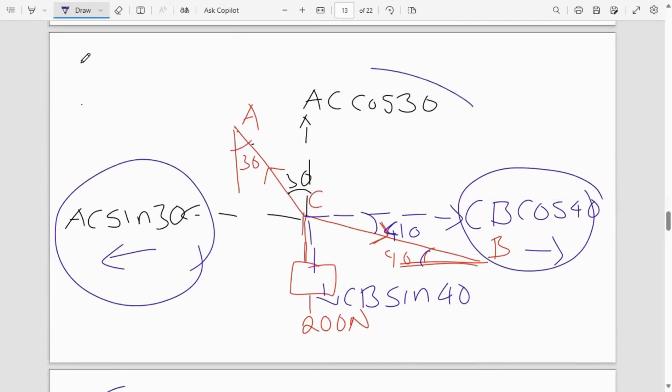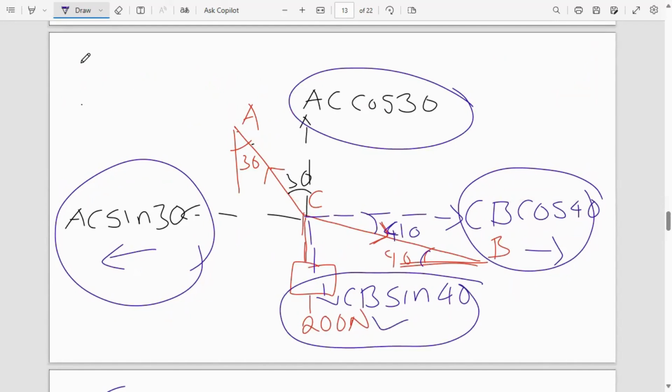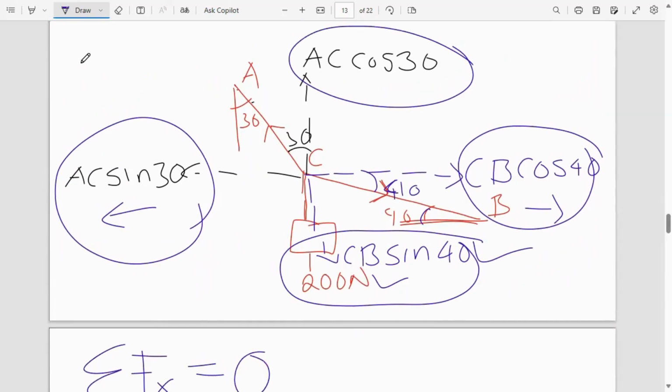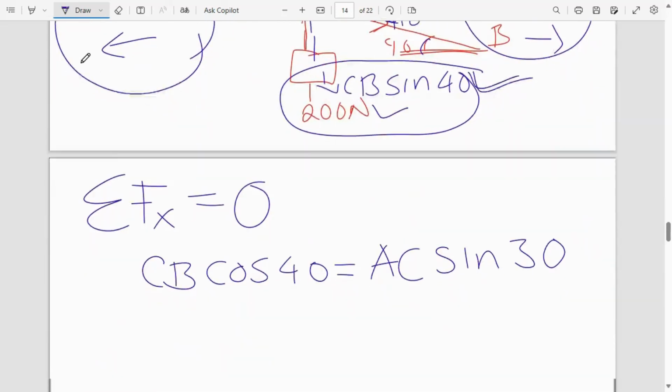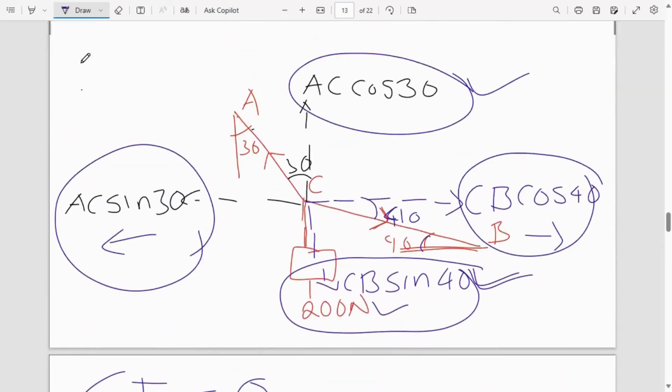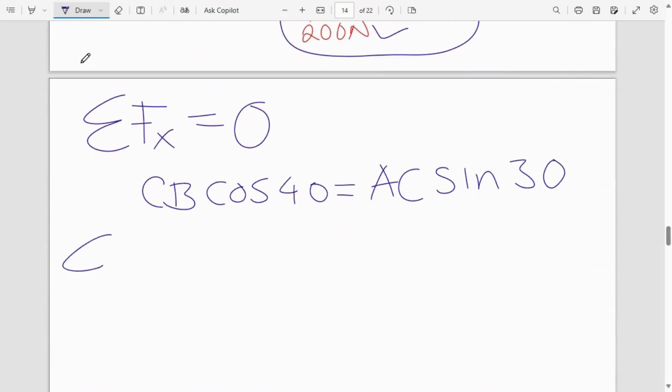Then the forces in the y, we have this one here, and these two forces here: the weight and the vertical component of tension CB. So I take AC as positive because these two are pointing down. Summation of forces in the y is equal to 0 also.